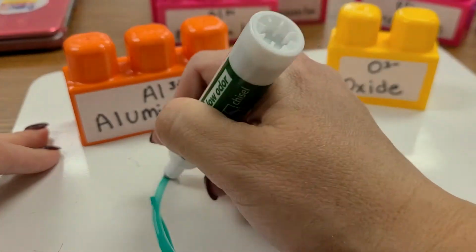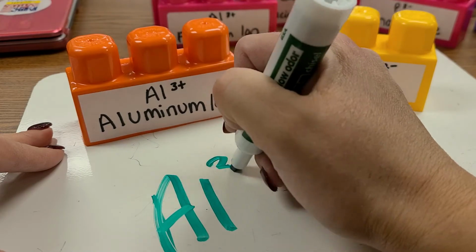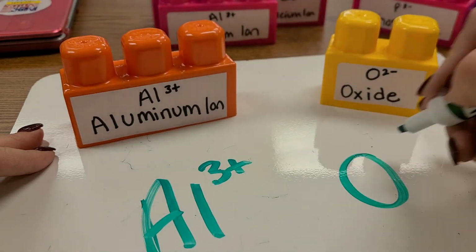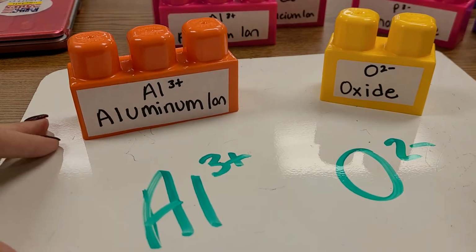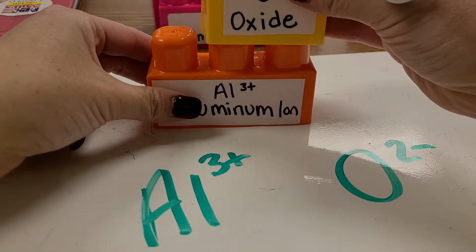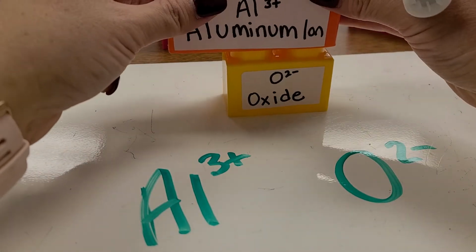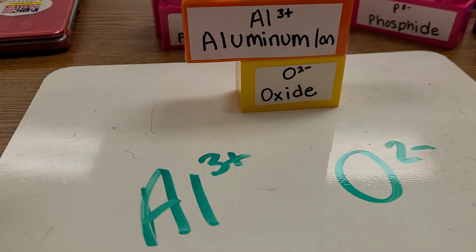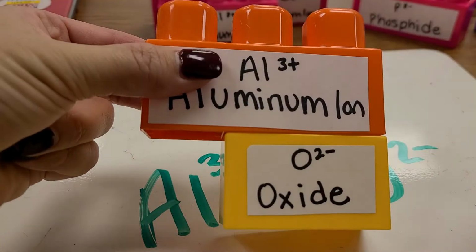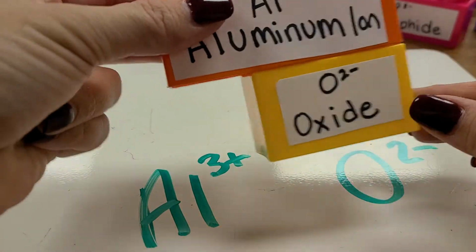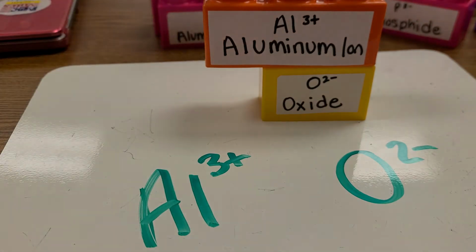So with my aluminum being a 3+, and oxygen being a 2-, the aluminum needs to go on the top because metals are written first. So aluminum has 3 pegs and oxygen only has 2. So how are we going to even this out?